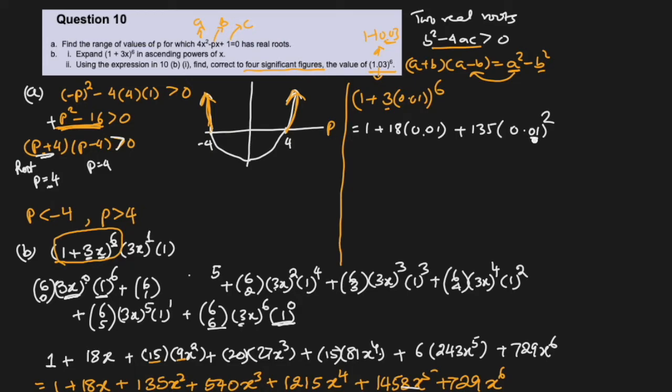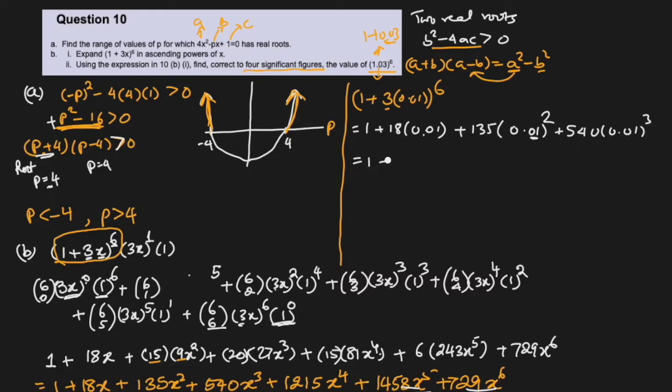So 0.01 squared will be 0.0001, with 4 decimal places here. I think this will be enough, but let's do one more. 540 times 0.01 cubed. I'm not going to the 4th, 5th and 6th terms because 0.01 to the power 4 will be beyond 4 significant figures, so it won't affect our answer. So I'm not writing after this.